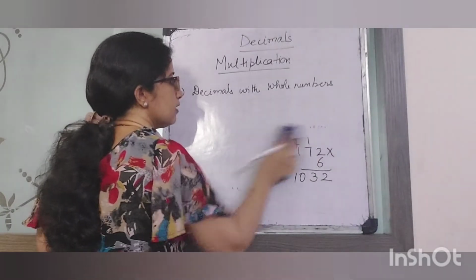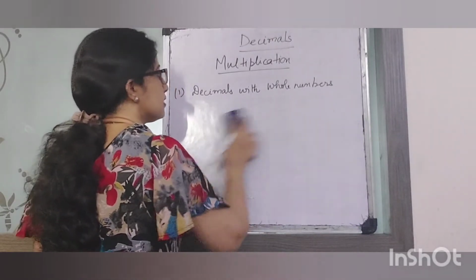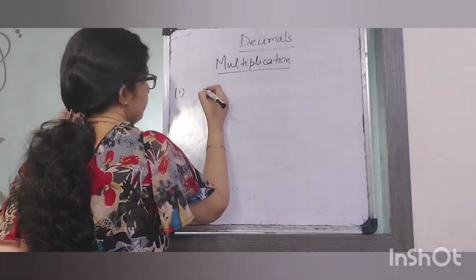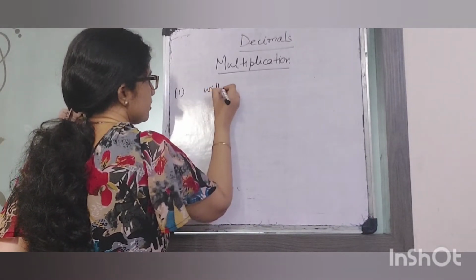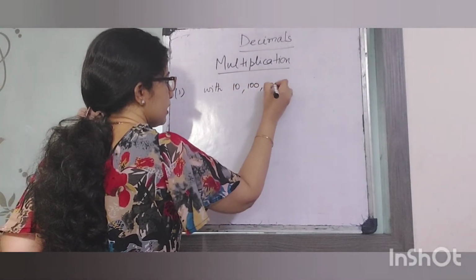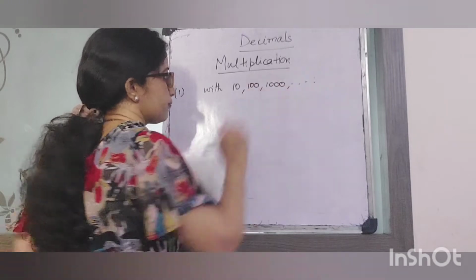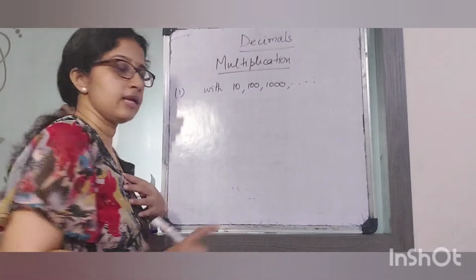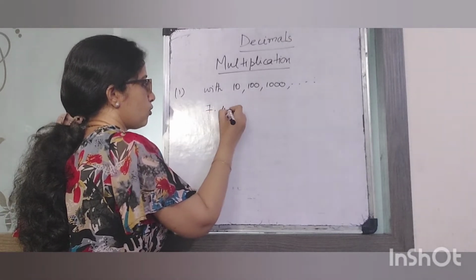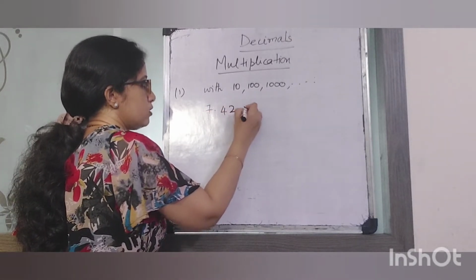Okay. Now we will go on to the next part, that is multiplication of decimals with 10, 100, 1000, etc. Okay. So let's take an example first. 7.42 into 10.